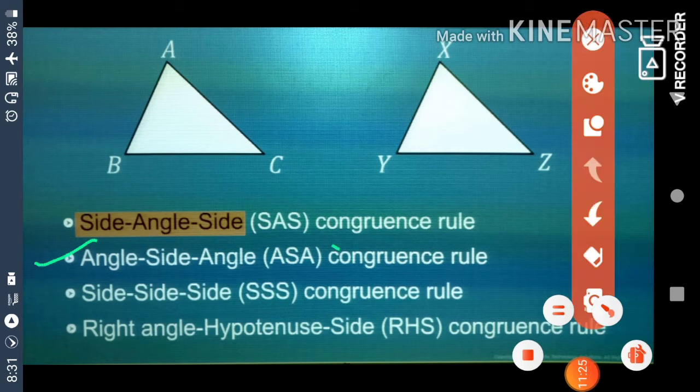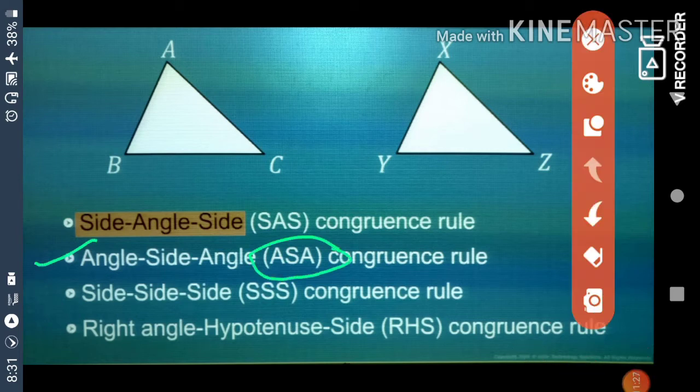Now this angle side angle congruence rule is removed by CBSE from your course. Listen carefully, once again I'm telling you, for this year 2020-21, CBSE has removed this congruency rule from your book, from your syllabus. So whatever questions are given on this in NCERT or in other books will not come in your exam this year.